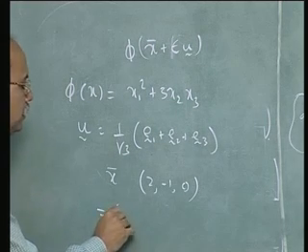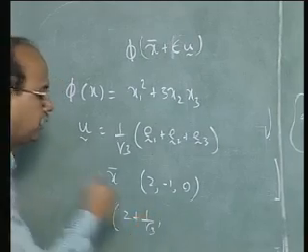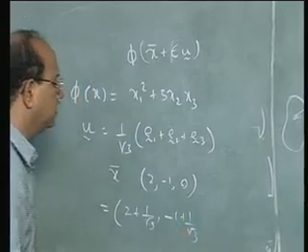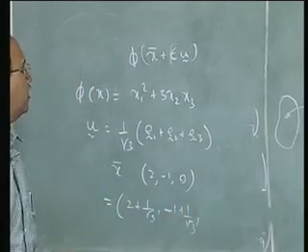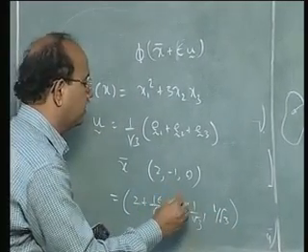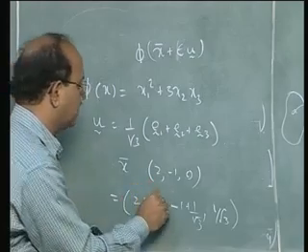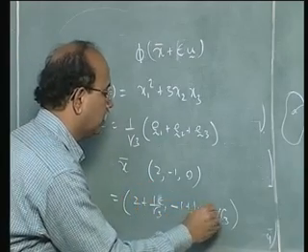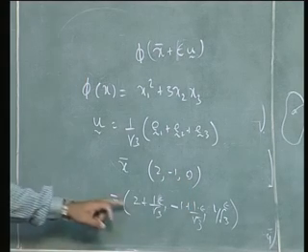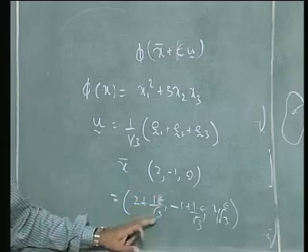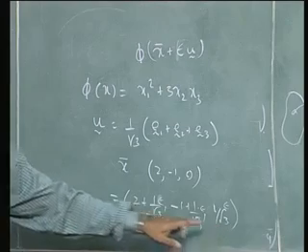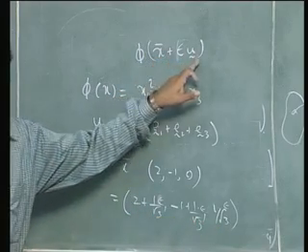This happens to be 2 plus 1 by root 3, minus 1 plus 1 by root 3, comma 1 by root 3, all of them multiplied by epsilon. So 2 plus epsilon by root 3, minus 1 plus epsilon by root 3, comma epsilon by root 3. So this is what is my x bar plus epsilon u.